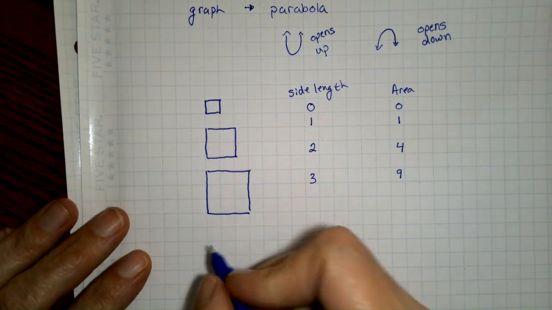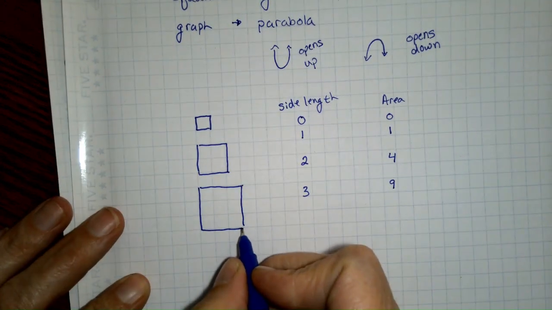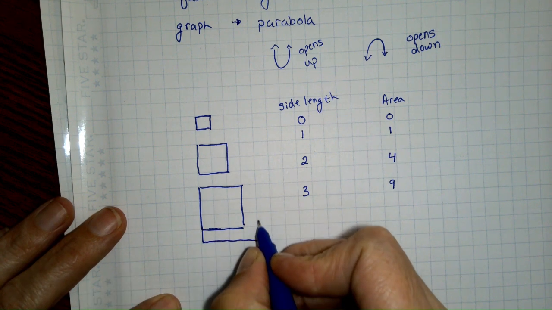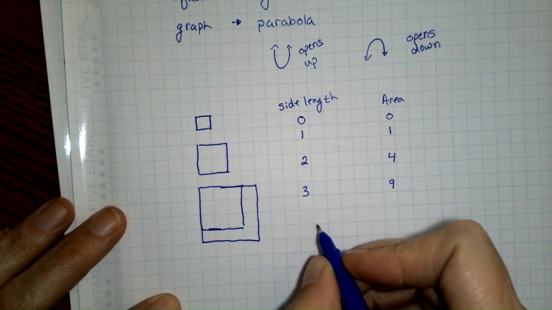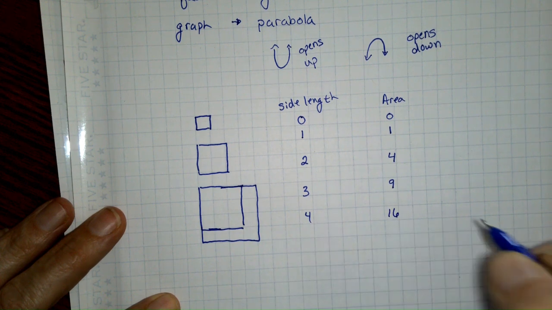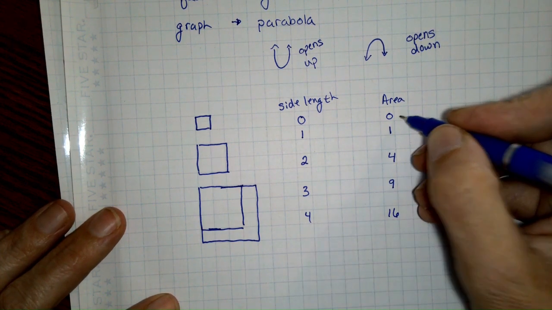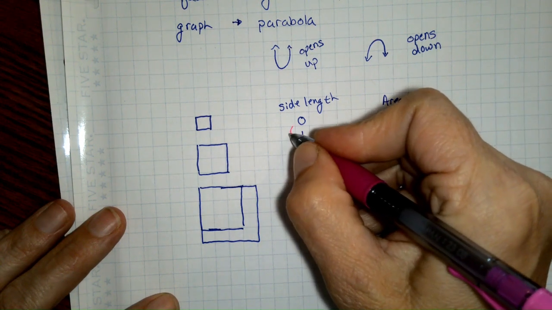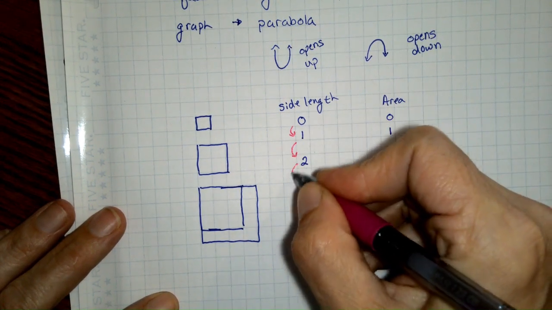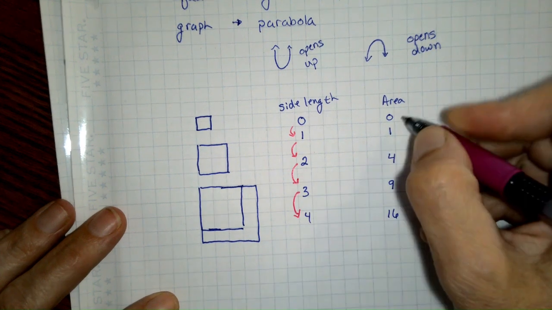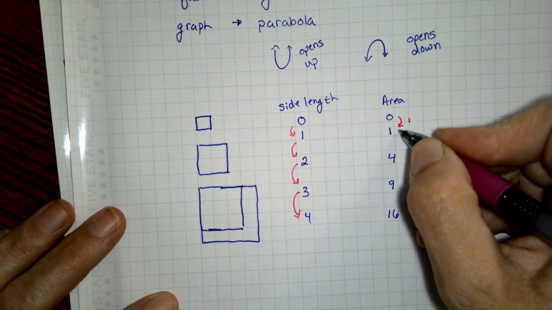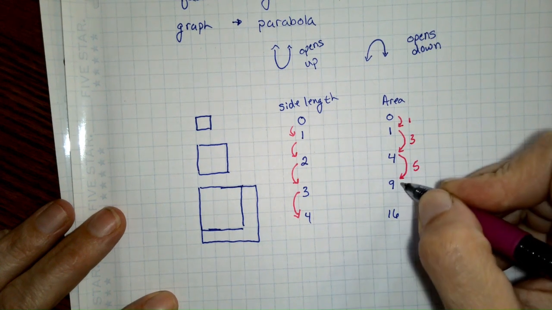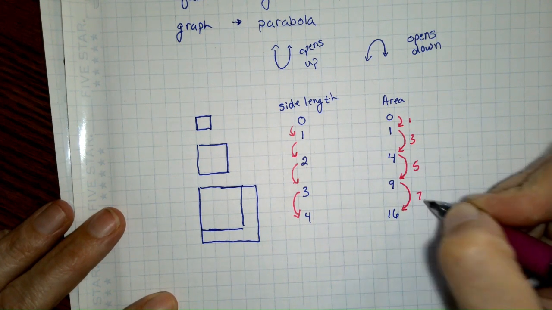Spacing these out a little bit, I'm going to just draw on top of this. If we went 4 by 4, now the whole thing would have 16. So we started off here, and even though the side length went up 1 each time, very consistent, the area went up 1, then up 3, then up 5, and then up 7.